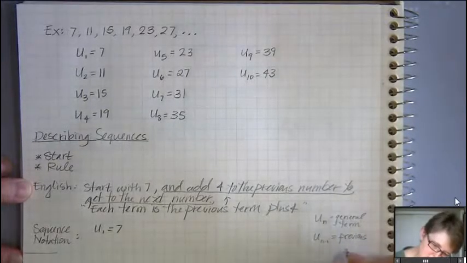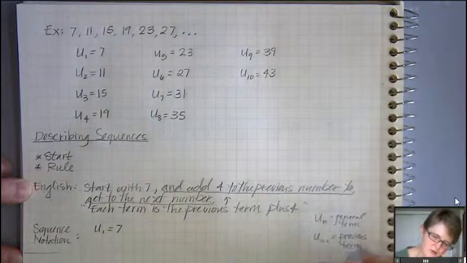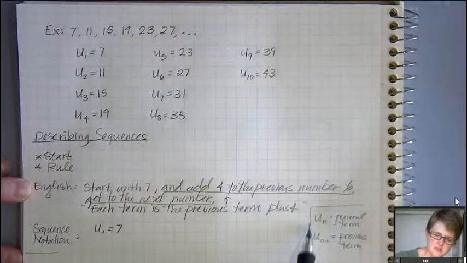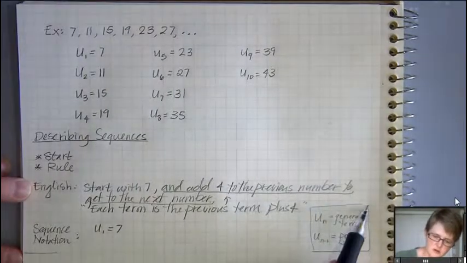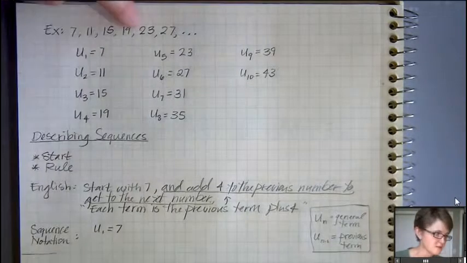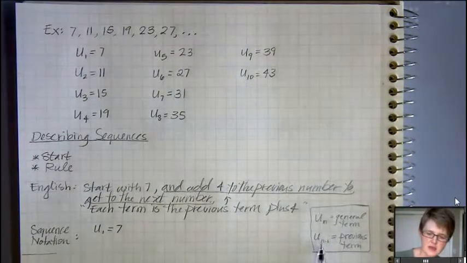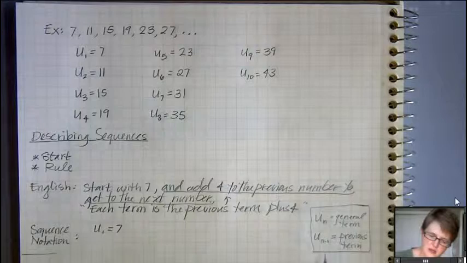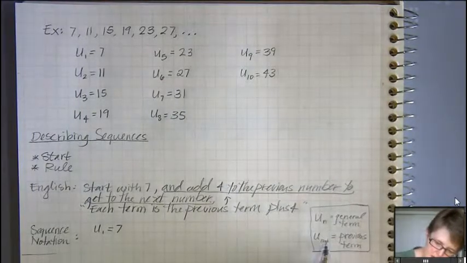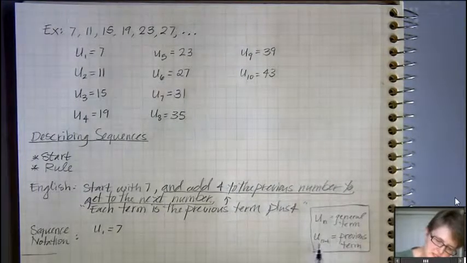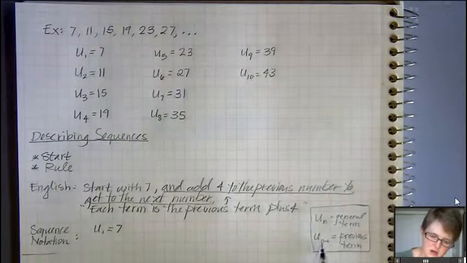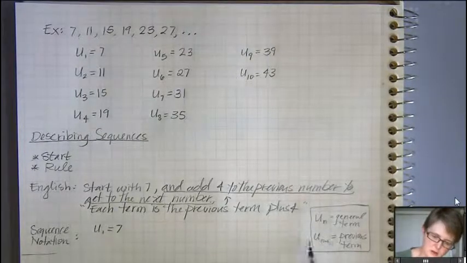This is important to remember. You'll see this a lot: u sub n is just any general term, anywhere you want to be along the sequence. U sub n minus 1 is the one before it. Make sure when you're writing u sub n minus 1 that the minus 1 stays in the subscript. It needs to stay small and down a little bit below where the normal script is.